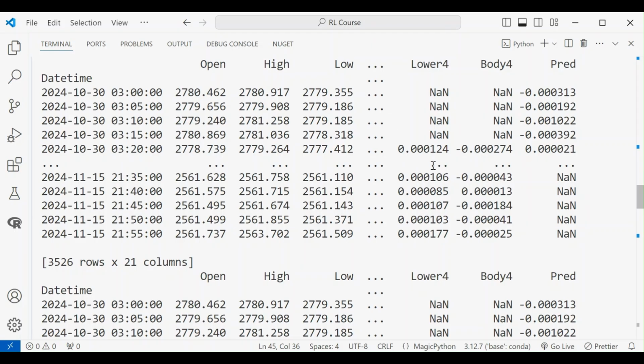This low was there, now it's lower 4. In the same way the body, this body was there, now body 4. Right? So we have flattened the data.